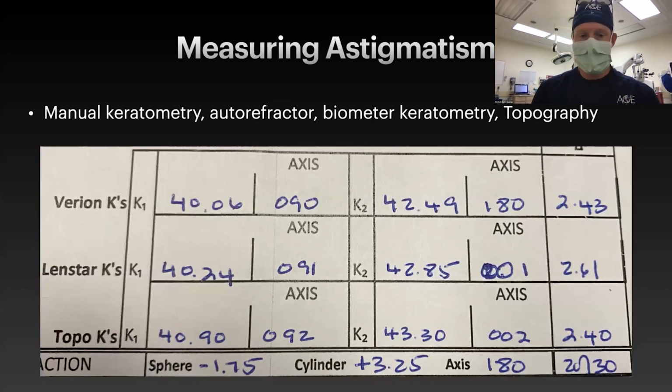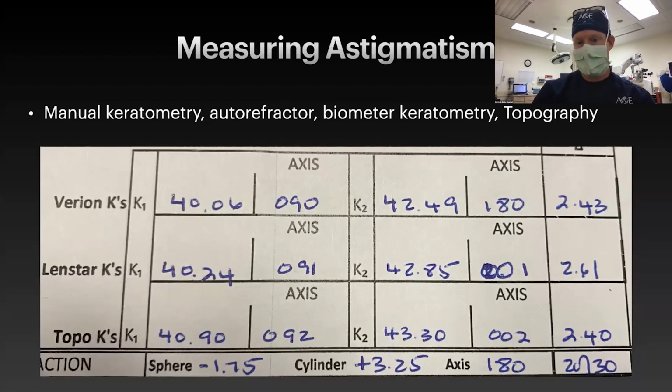I think the important point I want to emphasize is that I measure with three different devices. This little graph here is a real patient chart of mine. I measure each patient that's going to have a toric lens with a Verion, which is my digital marker, the LenStar, which is my biometer, and then my topography. And then I can very quickly compare the three different corneal measurements.